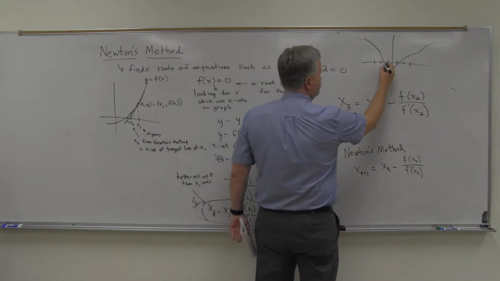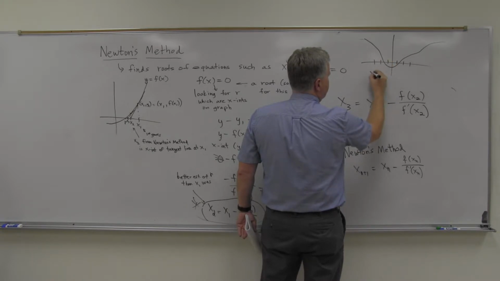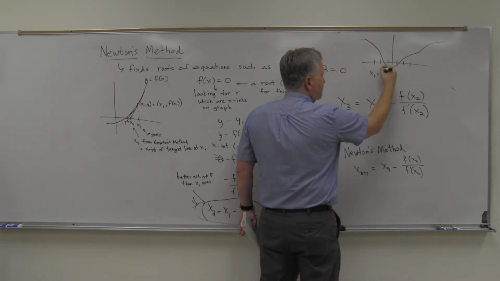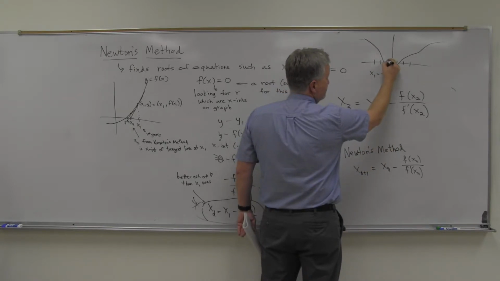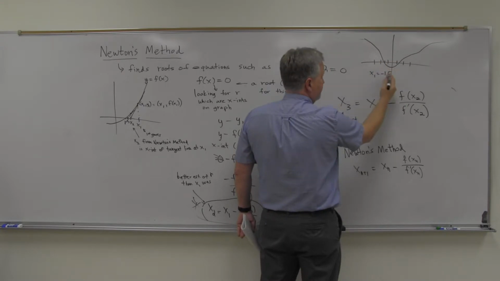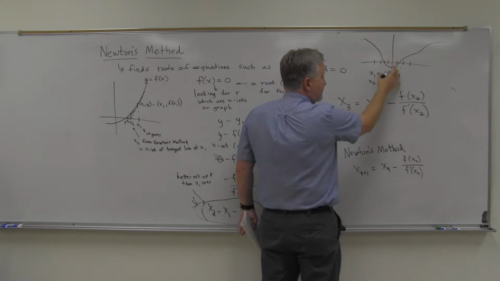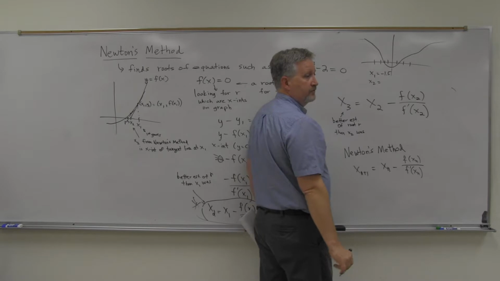And so if I guess x1 equals -1.5 and apply Newton's method to it, it's going to give me a little over from -1.5, but x2 is going to be a little better, x3 is a little better, so Newton's method will give me that root.